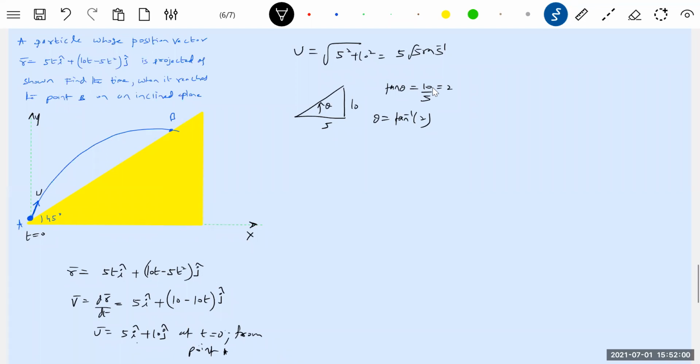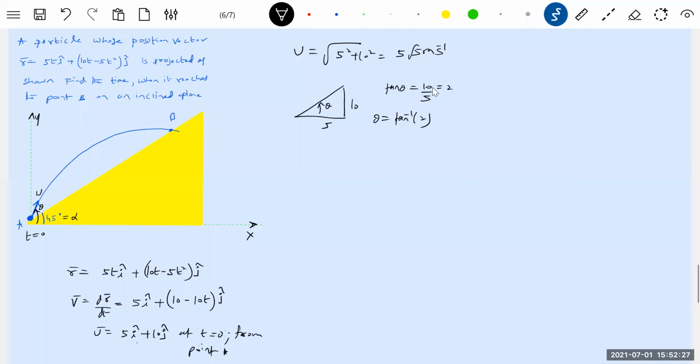Okay, I'll call this alpha, and all of this is theta. Theta, we got it. So theta minus alpha will be this one. From there, we are going to get the time of flight. It is asking directly for the time of flight.